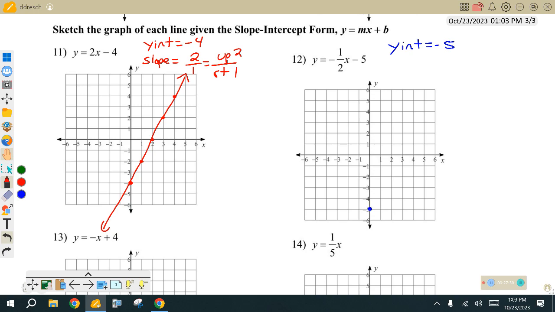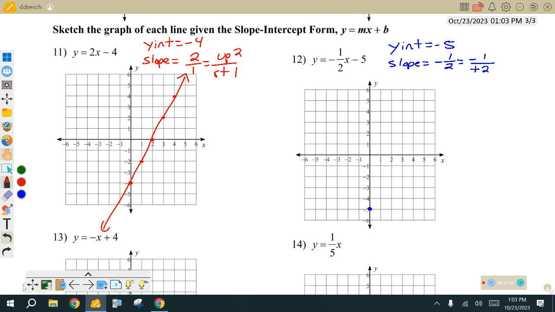We start right there. Now the slope is negative. So that -1/2. Only the 1 or the 2 gets it. So we're going to rewrite that as -1 over +2.